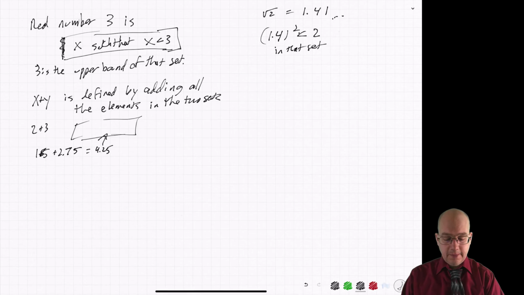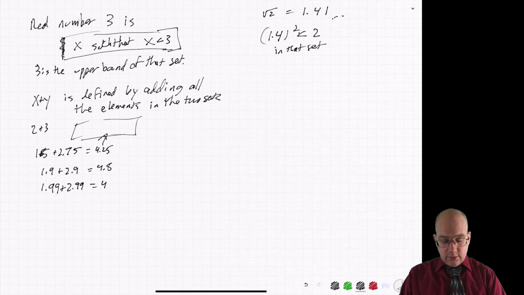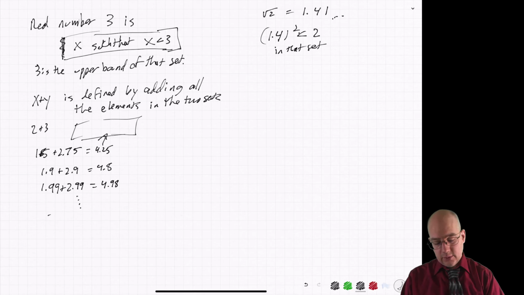And as I get closer, like 1.9 plus 2.9, well, that's equal to 4.8. And 1.99 plus 2.99 is equal to, I guess, 4.98, right? And so getting closer and closer to 5, which of course 2 plus 3 equals 5. Right?